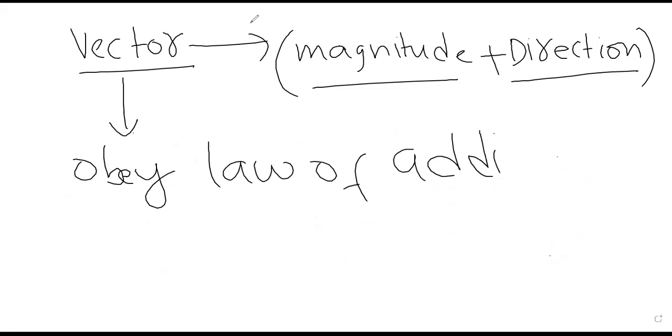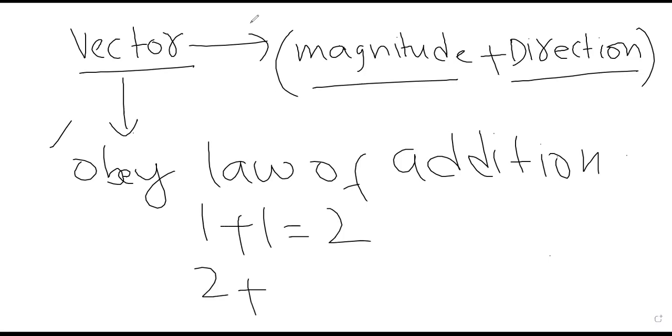Now this is not the ordinary algebra, like 2 plus 2 becomes 4, 1 plus 1 becomes 2, or 2 plus 3 becomes 5. It is not always like this. So there should be the laws of addition for the description of vector quantities, which we are continuing further. Hope that you got this lecture about the introduction of scalars and vectors.